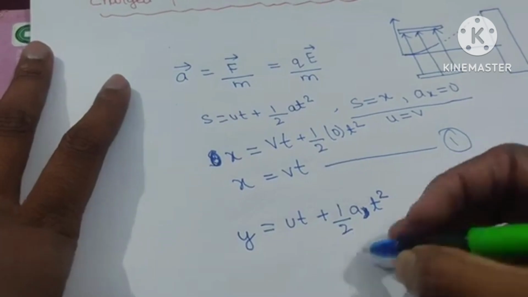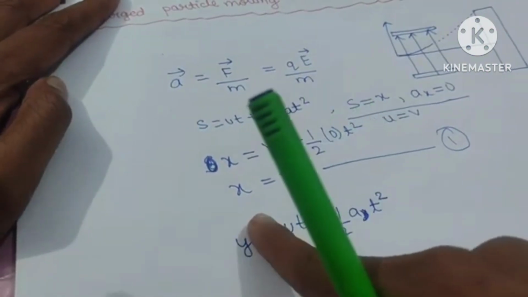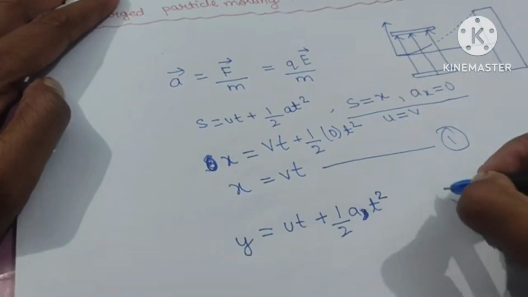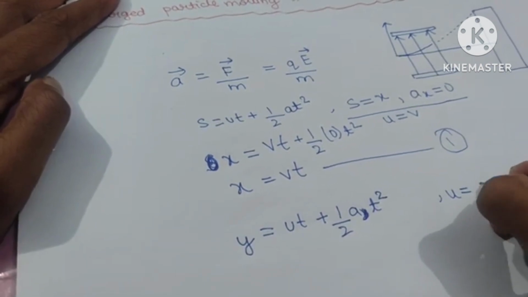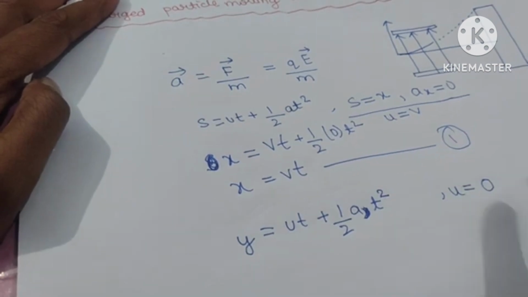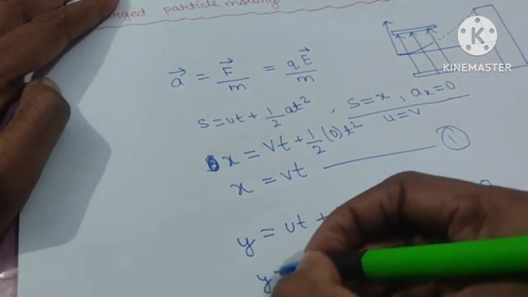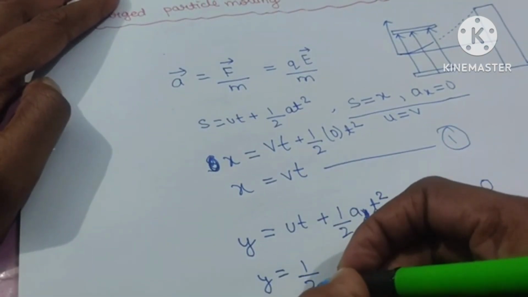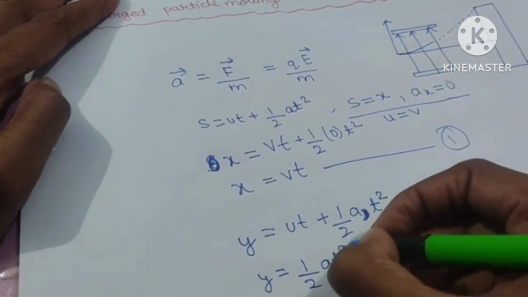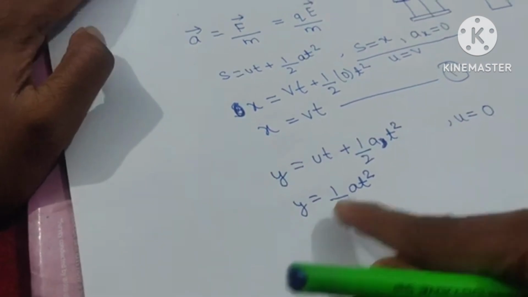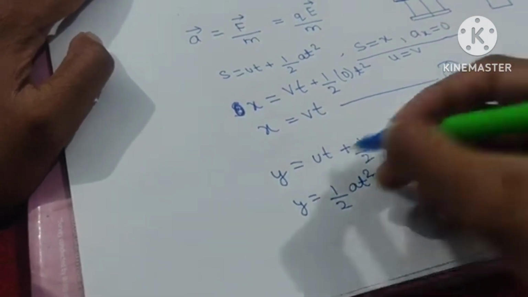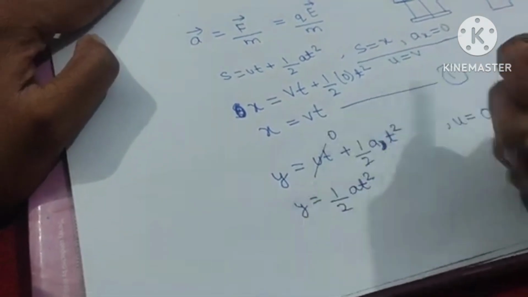Here the initial velocity will be 0, because u is 0. So y equals half a t squared.